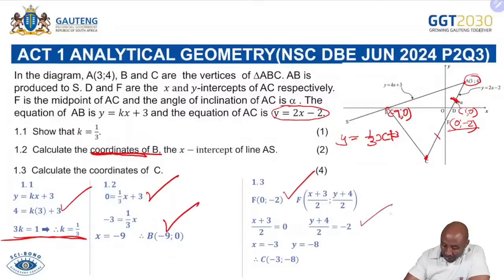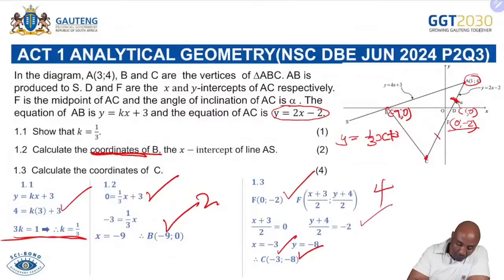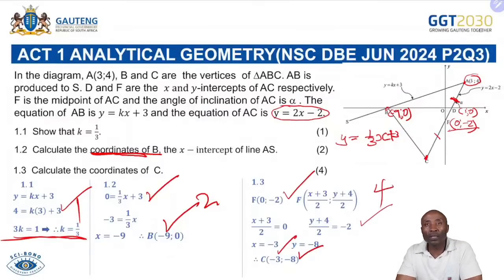That is the method I am using. Then I get my x value at C and my y value at C as -8. I get my 4, 2, 1. I hope we also got 7 out of 7.